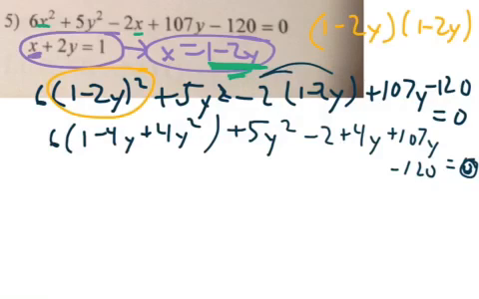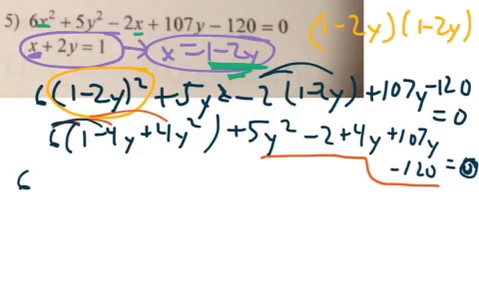Next, follow the red. I'm going to distribute the 6 here, and while I'm doing that, I'm going to start combining like terms if I can. So, 6 times 1 is 6. 6 times minus 4y is minus 24y. 6 times 4y squared is plus 24y squared.